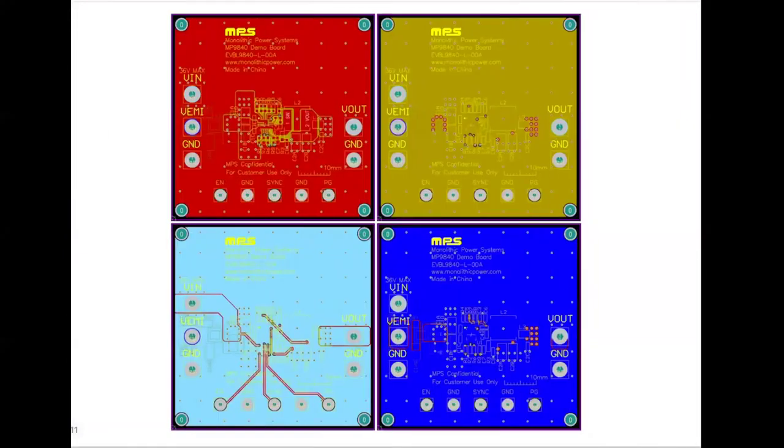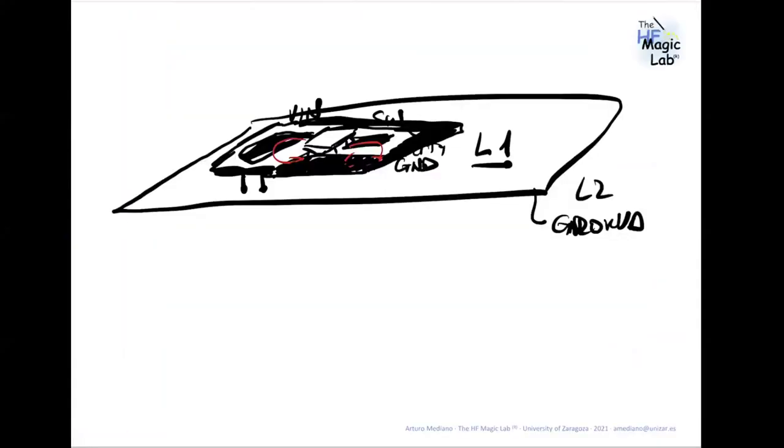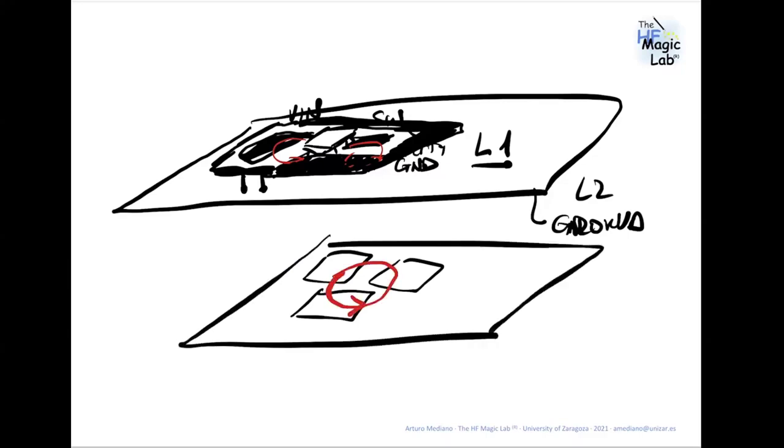So one of the ideas to do this is basically that if in the top layer you have a current, aggressive current that is taking this loop in some way, you put in the lower layer a plane, you will create induced currents in the second layer with a current that is opposite.